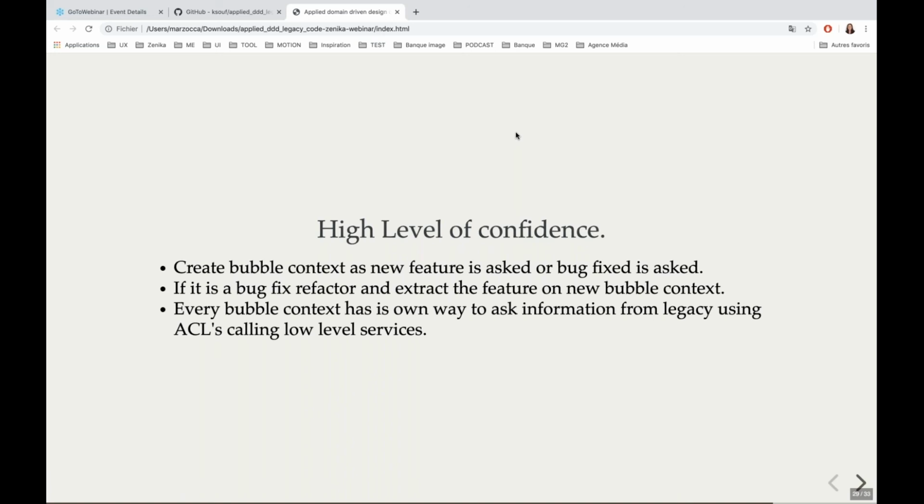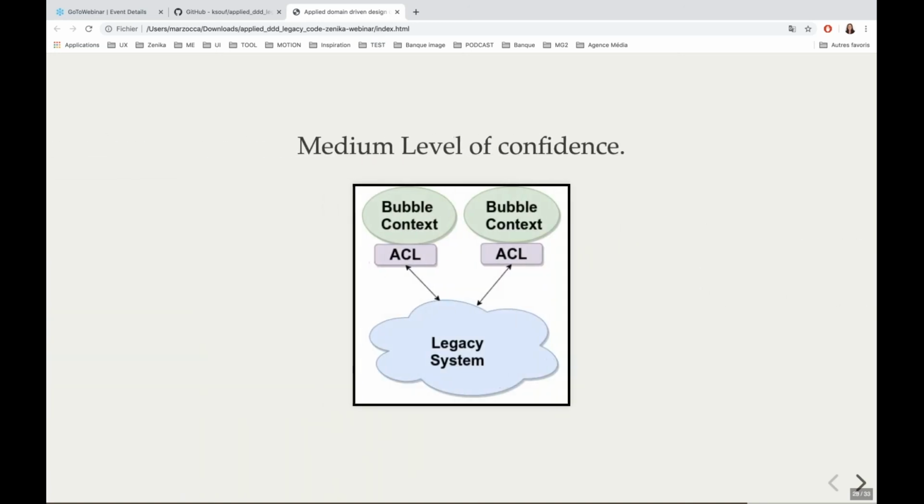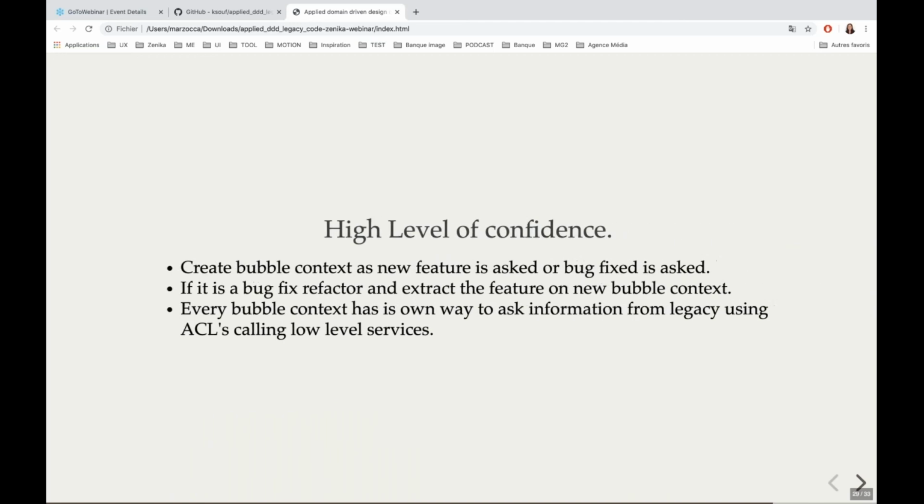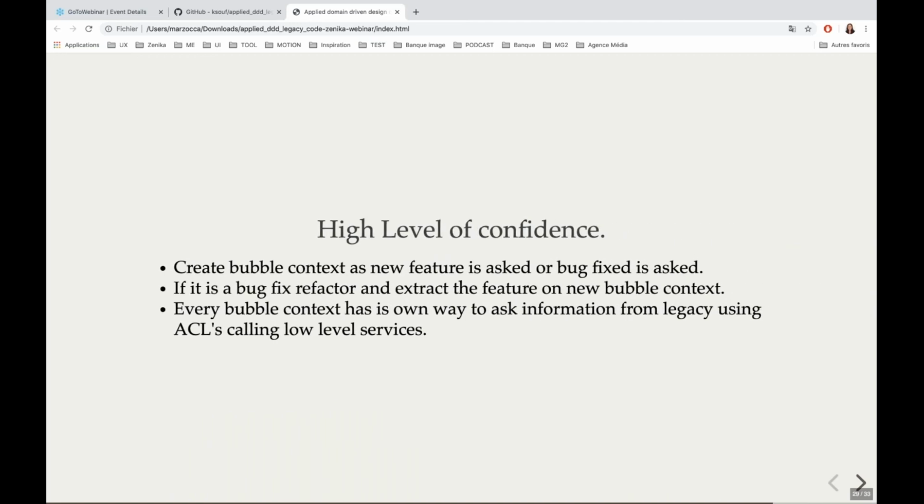So going back to when you have the highest level of confidence, you need to know that every bubble context has its own way also. But what is different from the medium level of confidence is that we are using really some low level services.